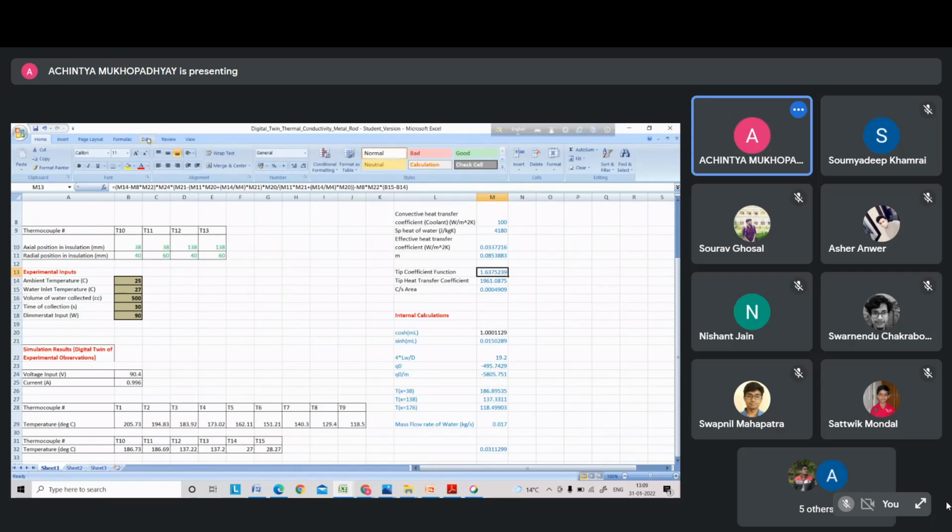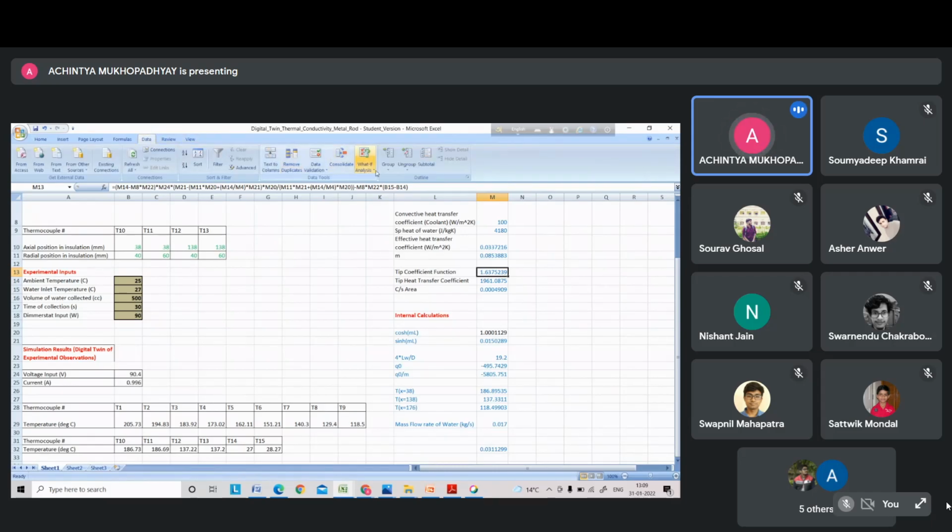To get it going, you have to use this Goal Seek function as before. You have to set it to 0 using the value of the unknown. Here the only unknown is the heat transfer coefficient, so by changing it you get this value.